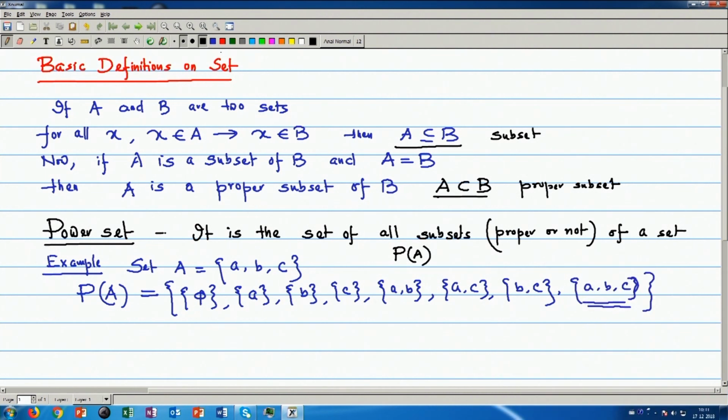Now, what is the cardinality of the power set?